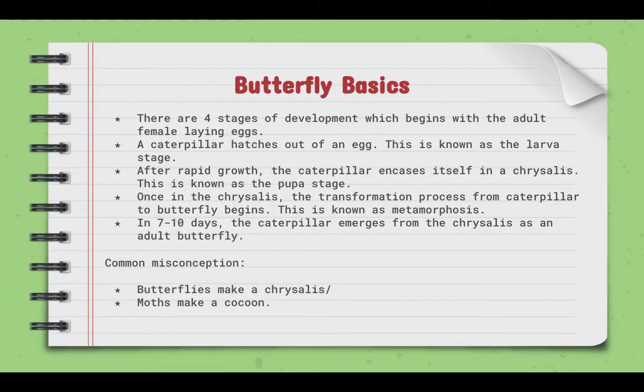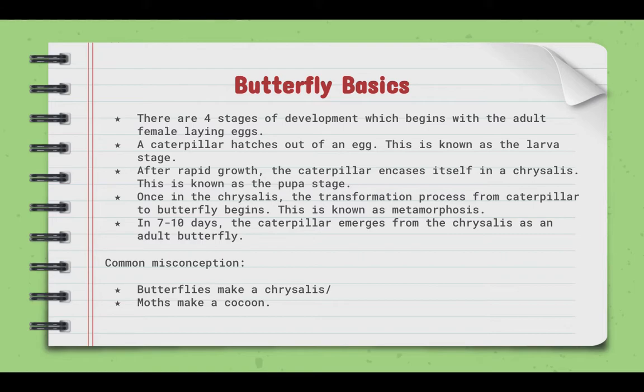So some butterfly basics that you can show the students are, there are 4 stages of development, which begins with the adult female laying eggs. A caterpillar hatches out of an egg. This is known as the larva stage. After rapid growth, the caterpillar encases itself in a chrysalis.